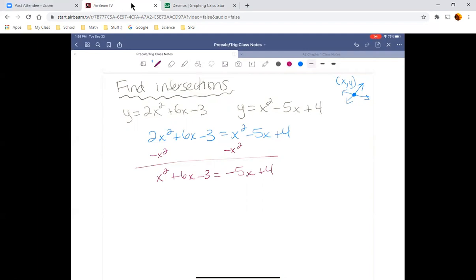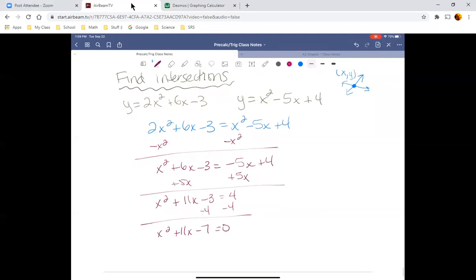So what are we going to do next? Add 5x to both sides, right? Now we're at x squared plus 11x minus 3 equals 4. And then we're going to subtract 4 from both sides: x squared plus 11x minus 7 equals 0.